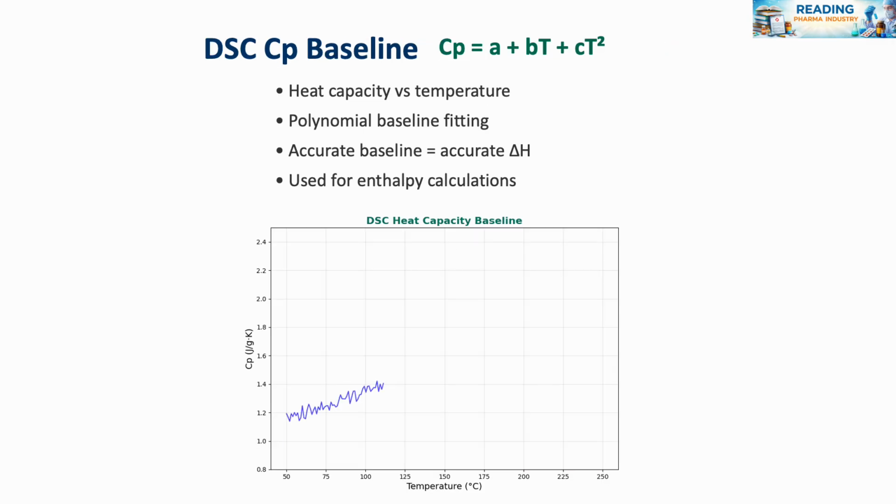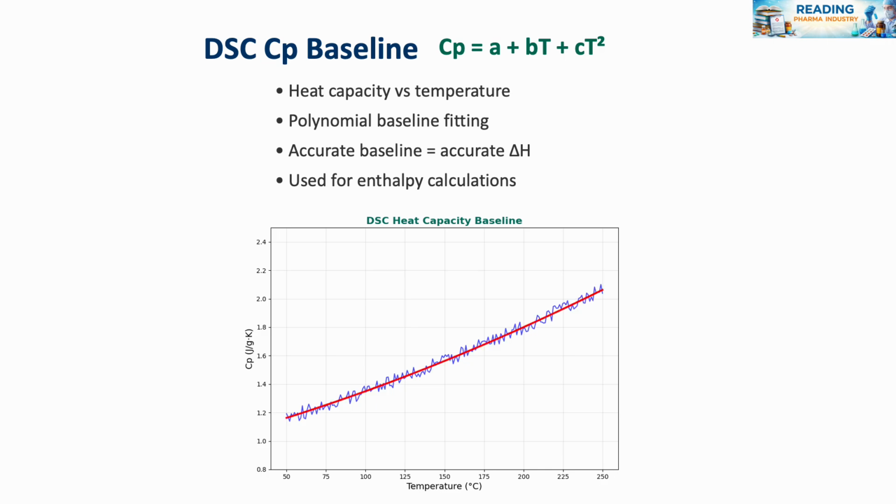Let's look at this other example using DSC, differential scanning calorimetry analysis. In order to get accurate enthalpies, we need proper baseline correction. The heat capacity is not constant, especially over a longer range, so it will change with temperature.